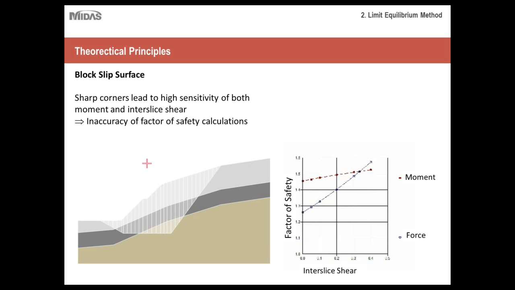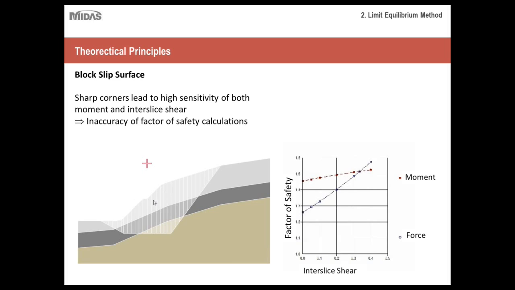Okay, and then let's talk about block slip surface. As you can see, instead of a circular shape here, it has these very sharp corners. This tends to lead to erroneously high moments and shear forces, and thus erroneously high factor of safety calculations.